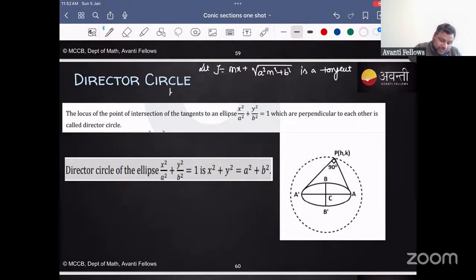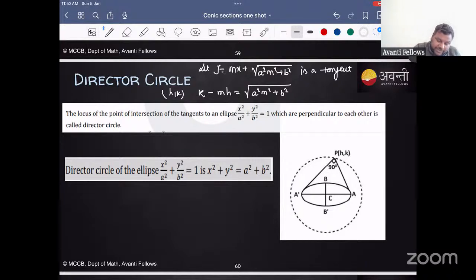It passes through h comma k. So make it pass through. So k minus mh is under root of a square m square plus b square.